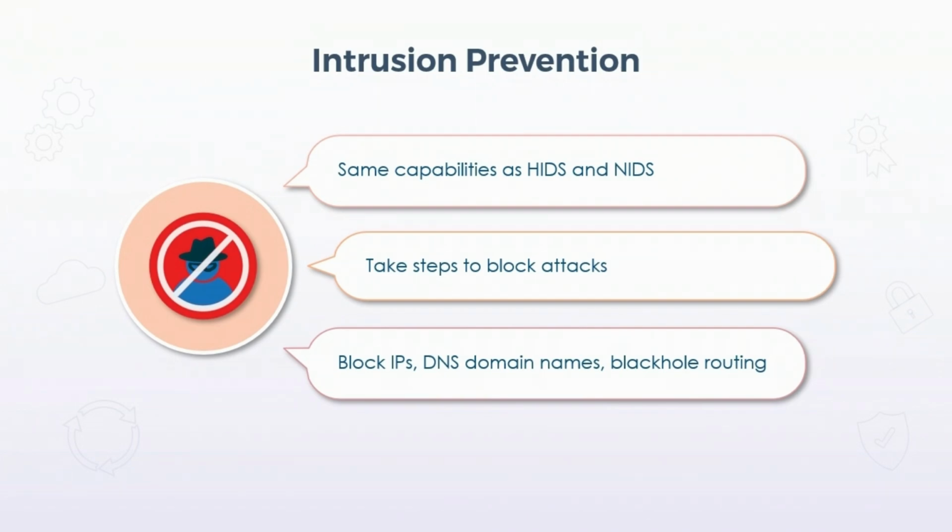So DNS domain names can also be blocked, to mitigate things like distributed denial of service attacks, or DDoS attacks. Even mitigations like black hole routing can be used, essentially to route excessive traffic to nothing so it doesn't actually reach the intended target.